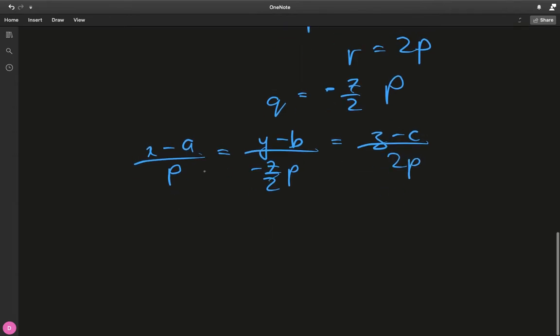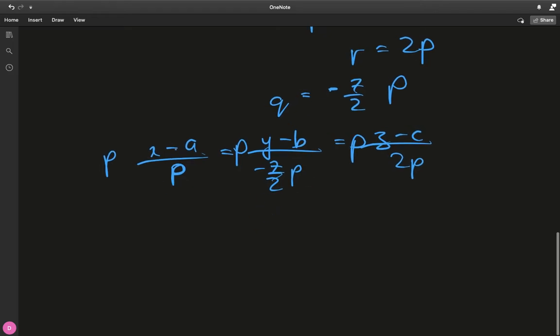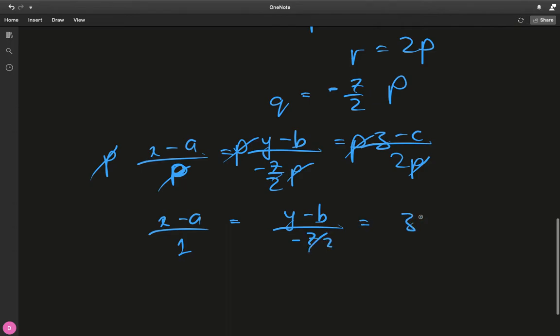Now we can multiply all sides by p. And since p is non-zero, otherwise you'll have some finite term over 0 because p is in the denominator here, p can never be 0, otherwise it will defeat the purpose. So we can multiply by p and cancel p's in all the terms. So we have (x minus a) over 1 is equal to (y minus b) over negative 7 by 2 is equal to (z minus c) over 2.